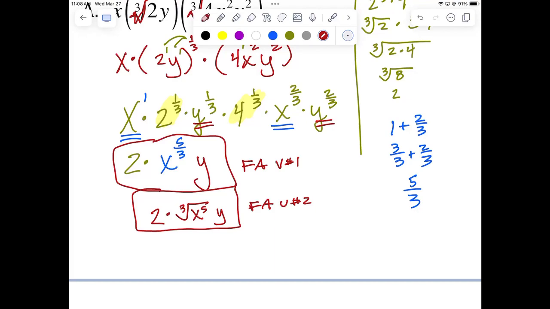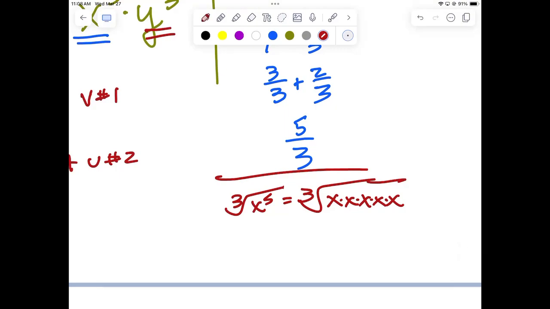Now, here's what Algebra 2 might have you do. Your worksheet, your homework might have you do this. We did this yesterday. You can actually simplify this radical, okay? Because remember, the cube root of x to the 5th, we'll do this off to the side on the workbench again, is really the cube root of x times x times x times x times x.